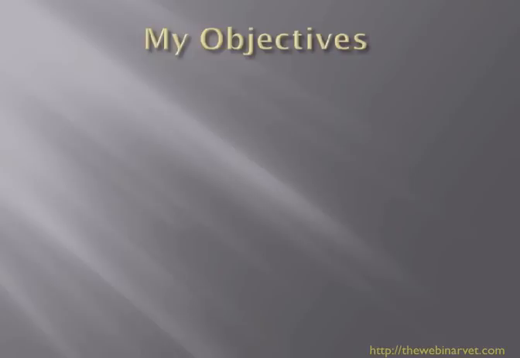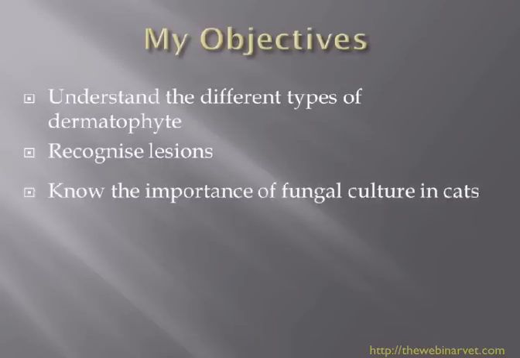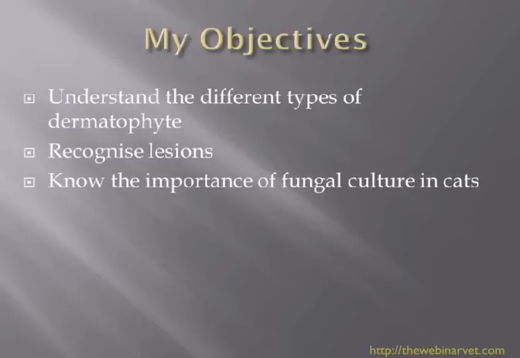Great. Okay, so what I'd like to try and do today, my objectives really are that at the end of the webinar today, you understand the different types of dermatophytes, that you'll be able to recognize lesions, that you'll know the importance of fungal culture in cats.